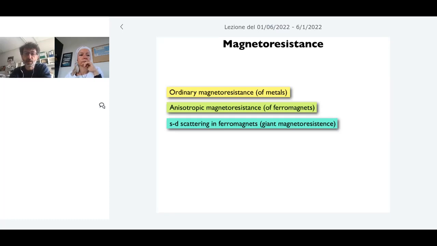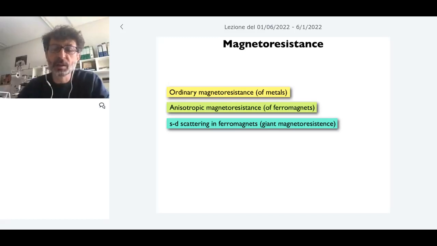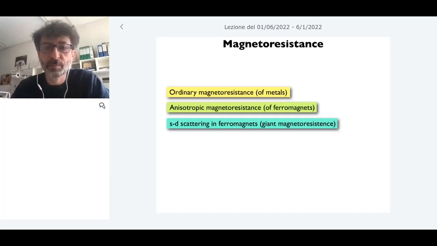In conductors, the resistance depends on the applied magnetic field. This phenomenon, which is in a sense related to the Hall effect of metals or semiconductors, is called ordinary magnetoresistance. It's also interesting to look at the names because they can be confusing.